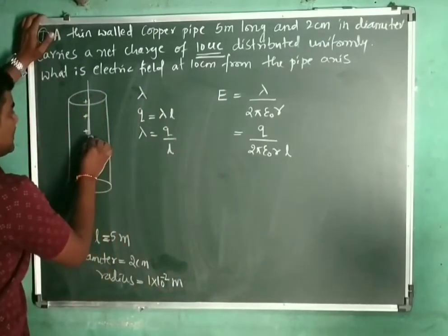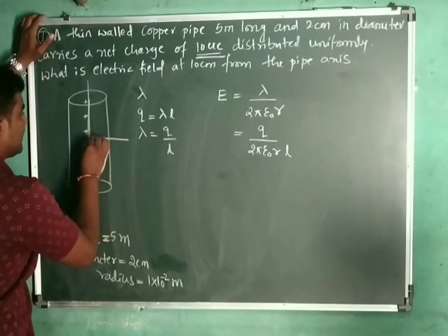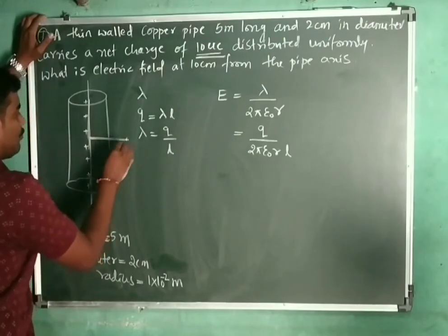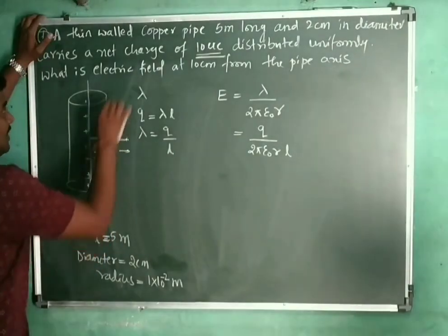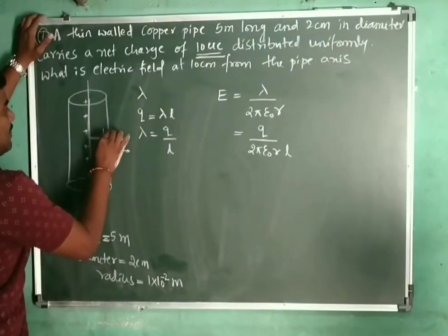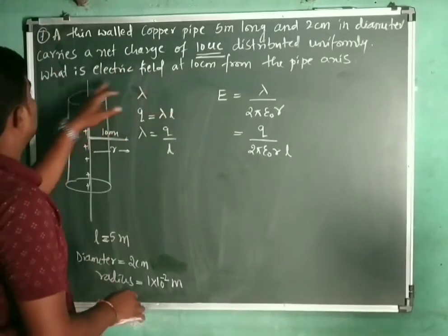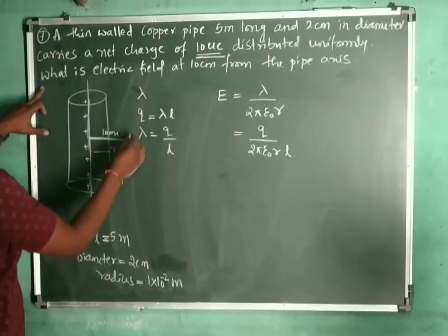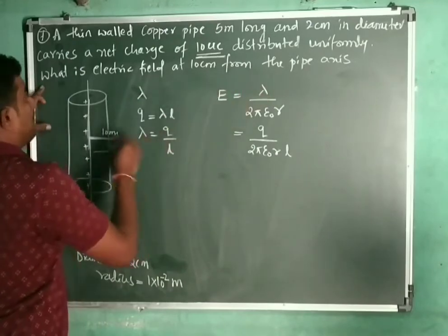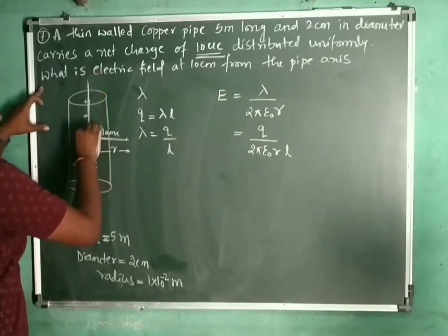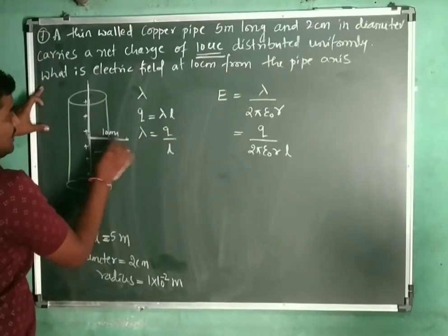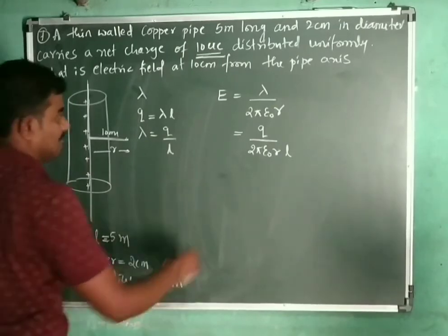R is the distance from the axis, okay, at which we are supposed to find the electric field. In this situation they have given 10 centimeter. See here, what is the electric field at 10 centimeter from the pipe axis? This is the axis of the pipe, and this is at a distance 10 centimeter from the pipe axis, okay.